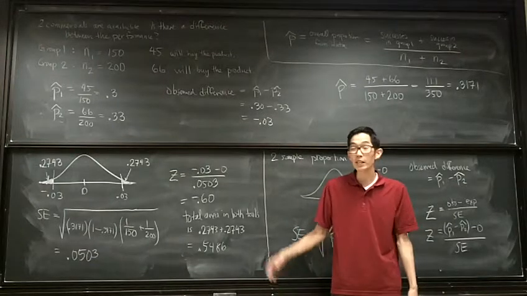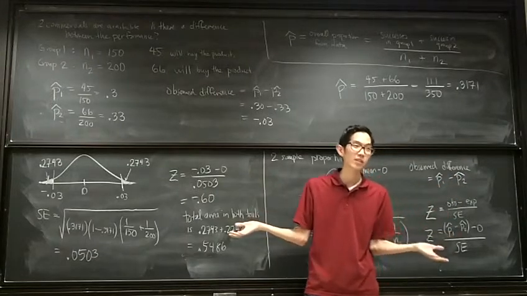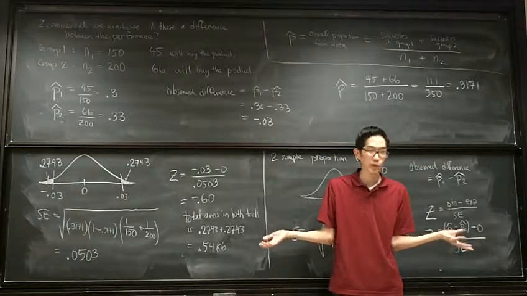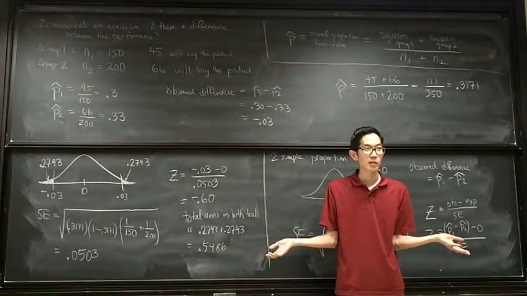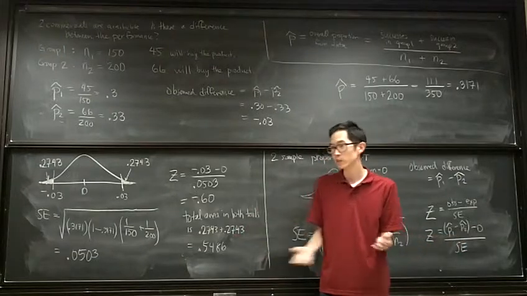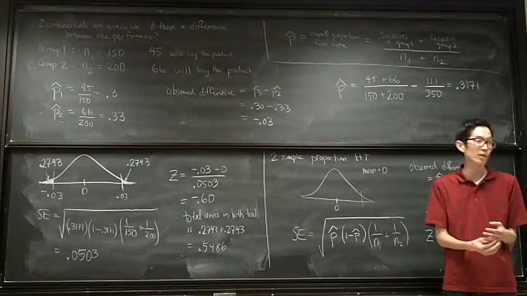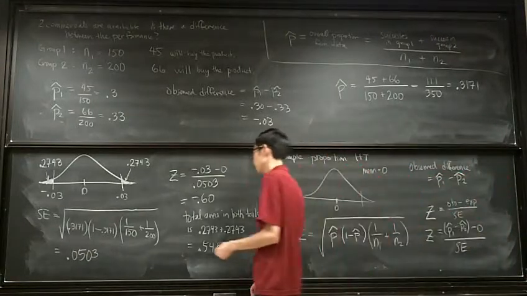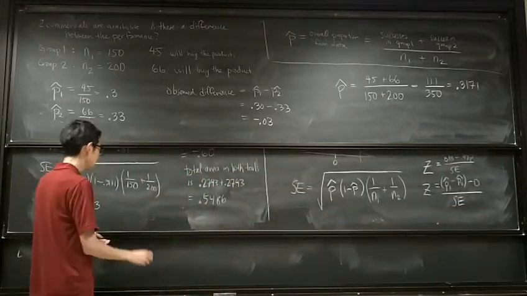So the fact that I saw a difference of 3% basically tells me nothing about which commercial truly performs better. Does that make sense? So right now I've got no evidence supporting the idea that one commercial is better than the other commercial. Or we do not have evidence showing that one commercial is better.